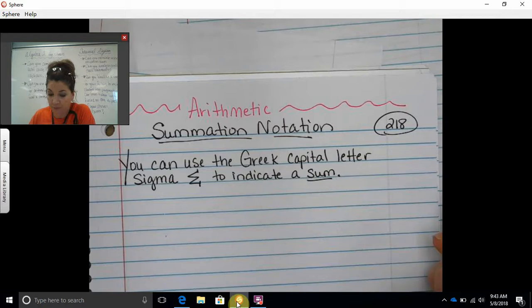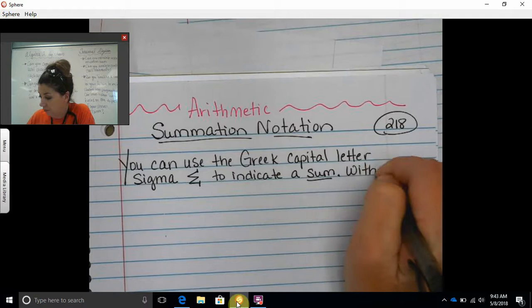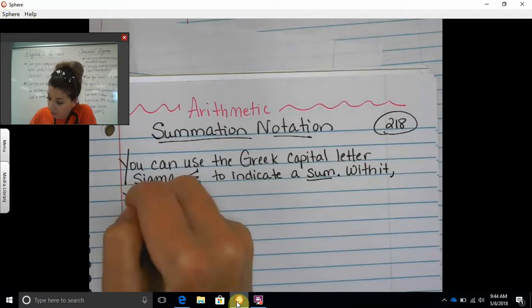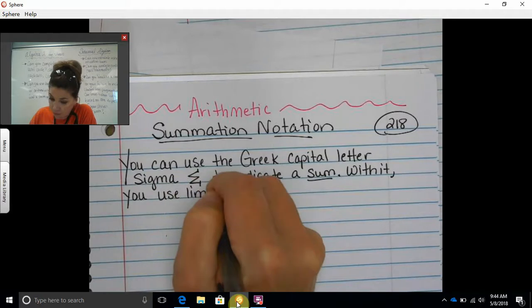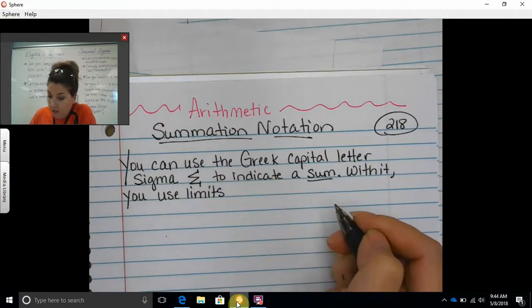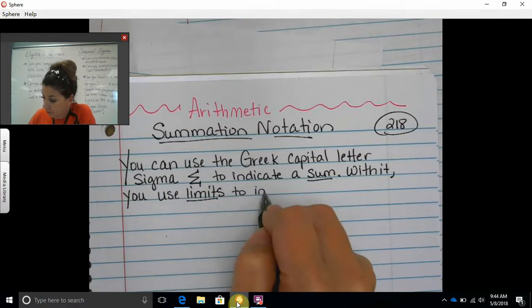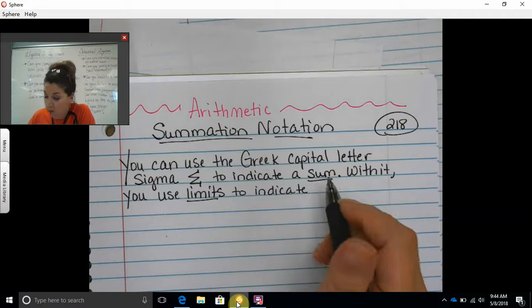Period. With it, comma, you use limits to indicate how many terms you are adding.